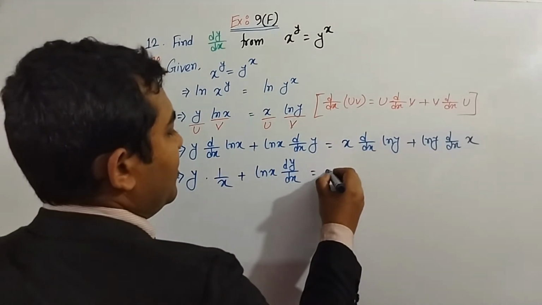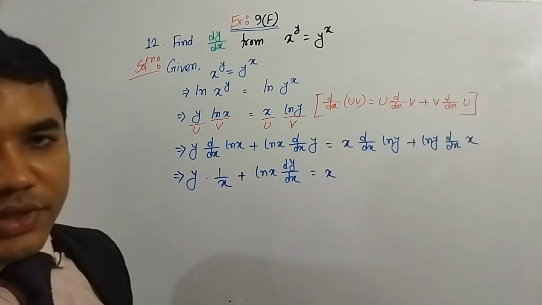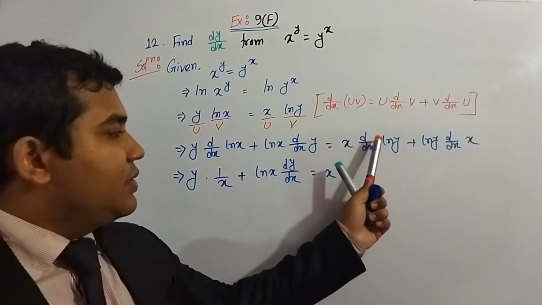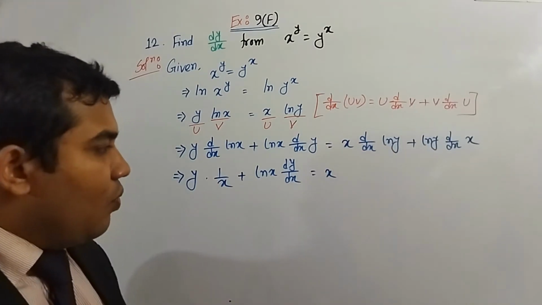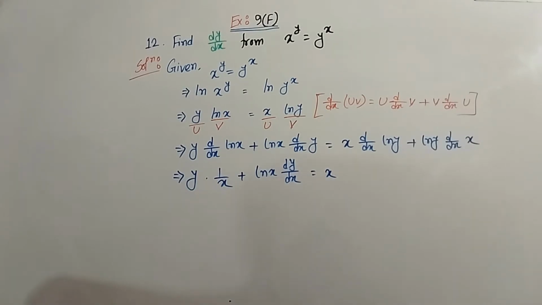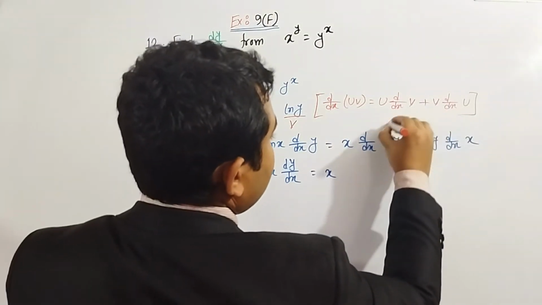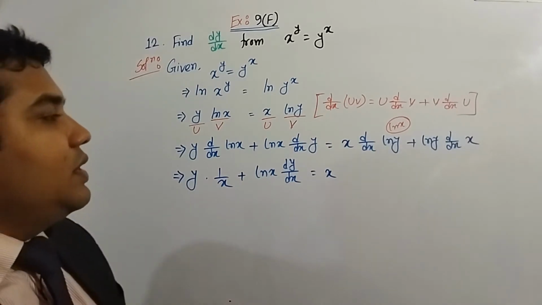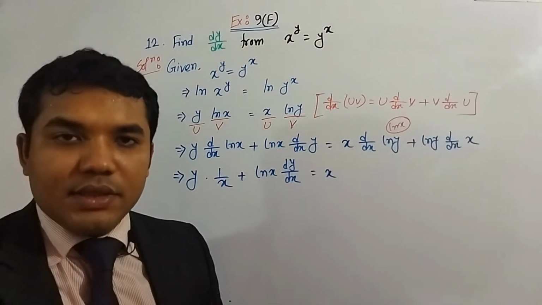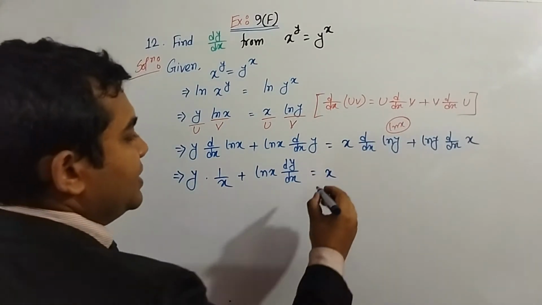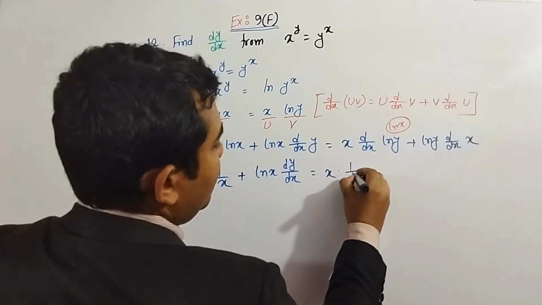Here we have d/dx of ln y. What does d/dx of ln y mean? That means we have to consider ln y as ln x first. So what is the formula for d/dx of ln x? That must be 1/x, so here 1/y.